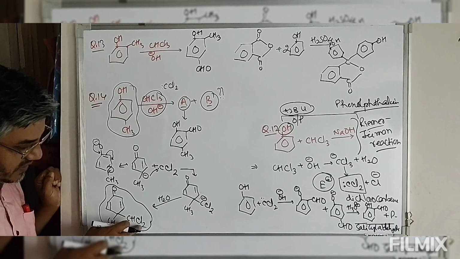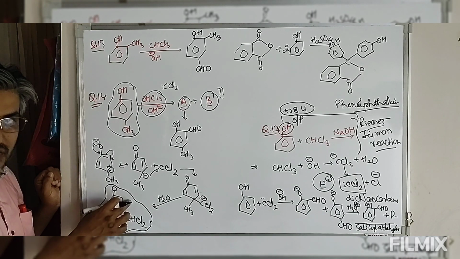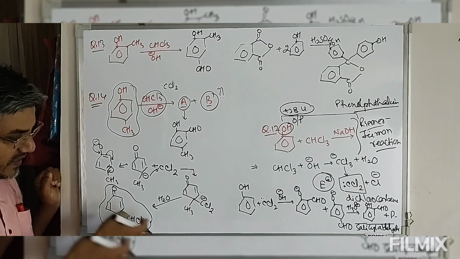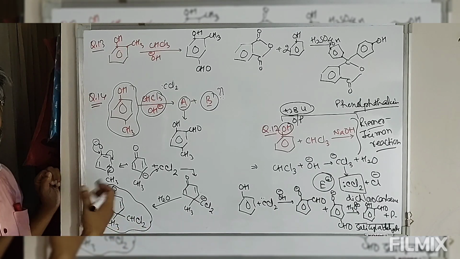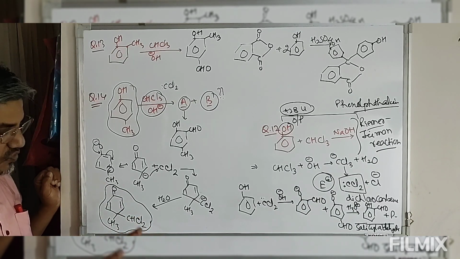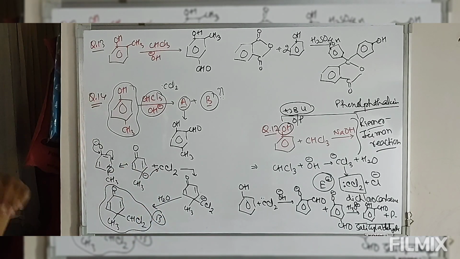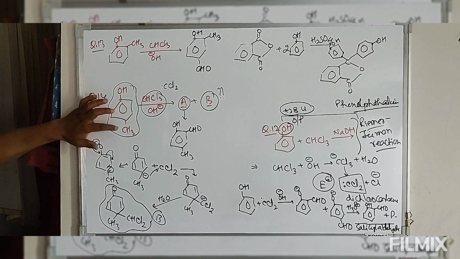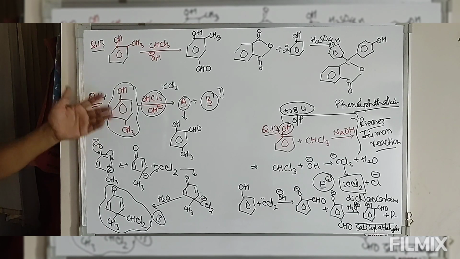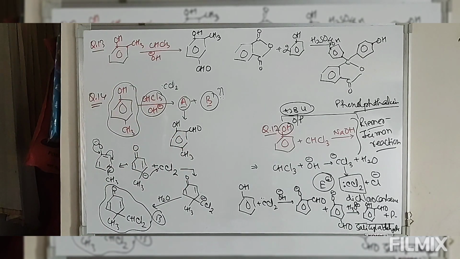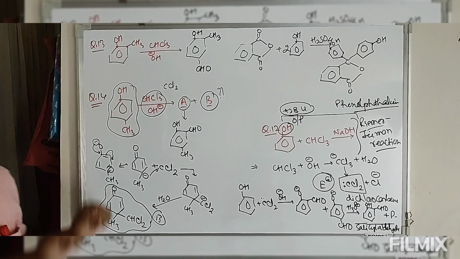This Cl minus, look at this, we have CH3, we have a benzene, so the backside attack is not possible, so this cannot undergo hydrolysis to give you a CHO group. So this is the abnormal product that is formed in this reaction. This abnormal product is formed when the para position is blocked by any particular group. Since this does not have any hydrogen, it cannot rearrange to give you phenoxide, so a dienone is formed.